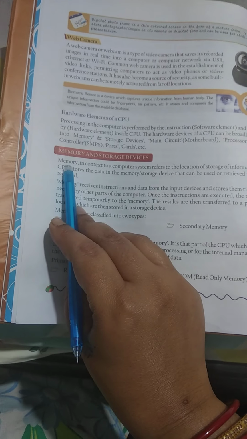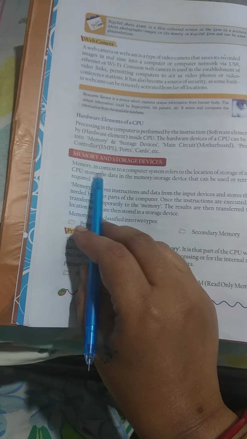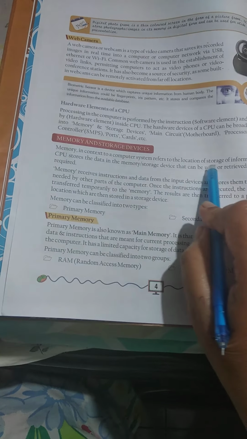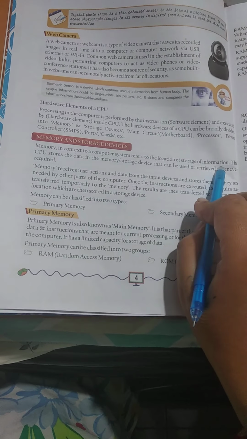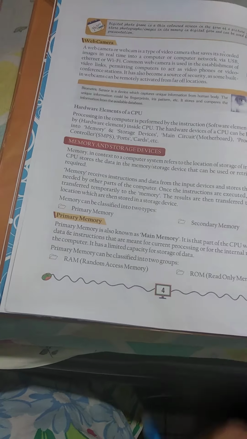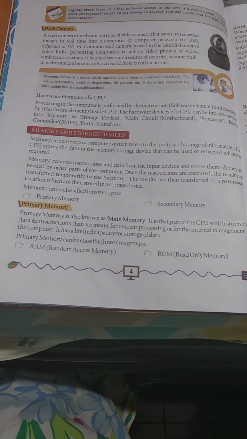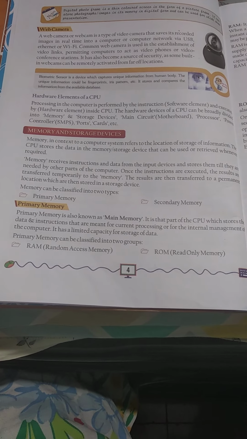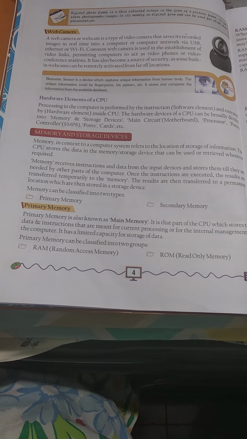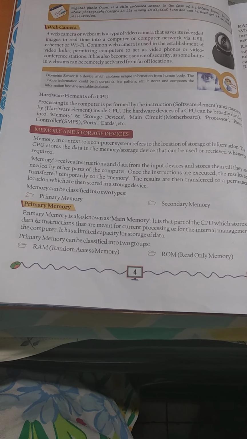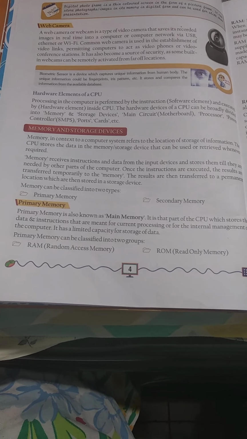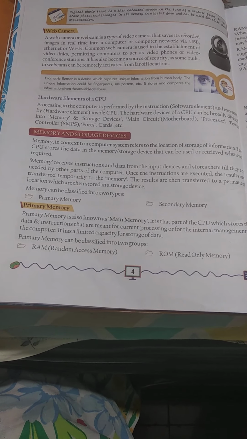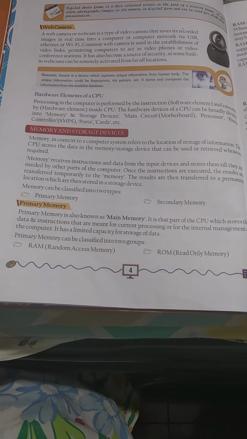Now, what is memory? Memory in context to a computer system refers to the location of storage of information. Before explaining this, I just want to give you an example. Suppose we, as human beings, where do we keep our information?